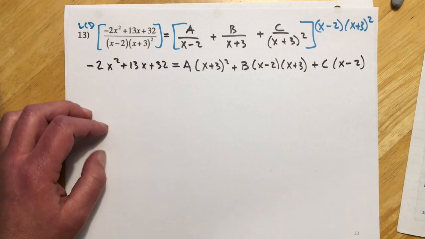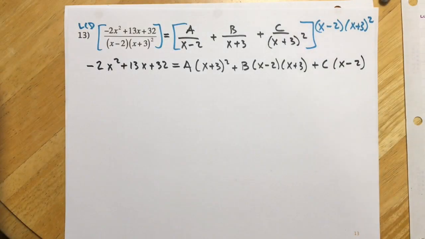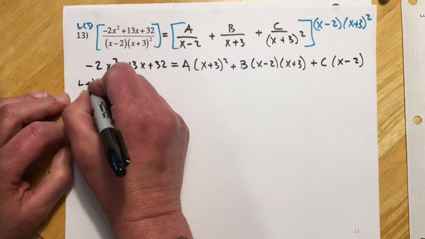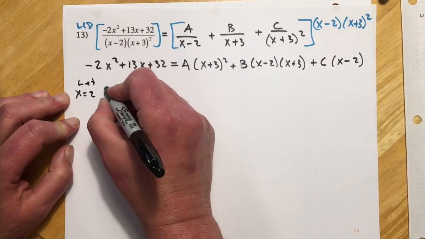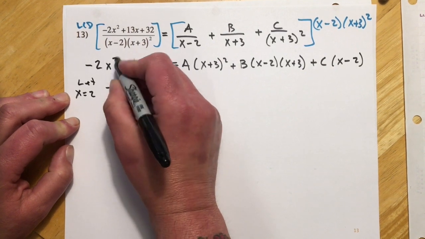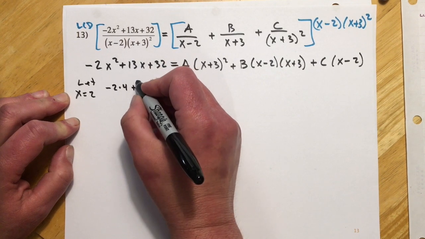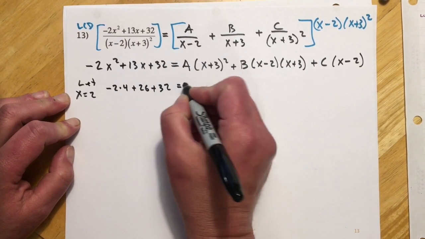So this time I have a couple of zeros, so I will use those first. I'm going to let x equal 2. And so that's going to give me −2 times 2 squared, which makes a 4, plus 13 times 2, which is 26, plus 32.